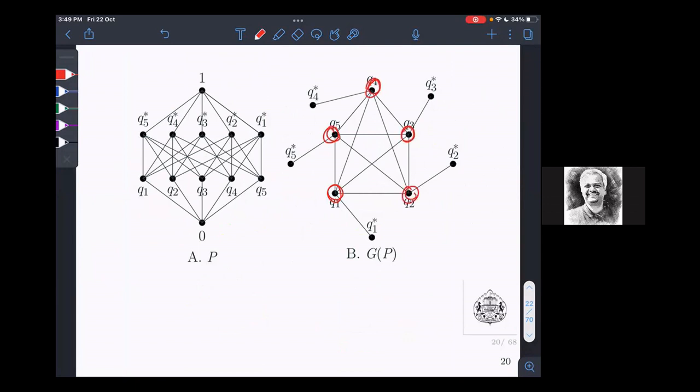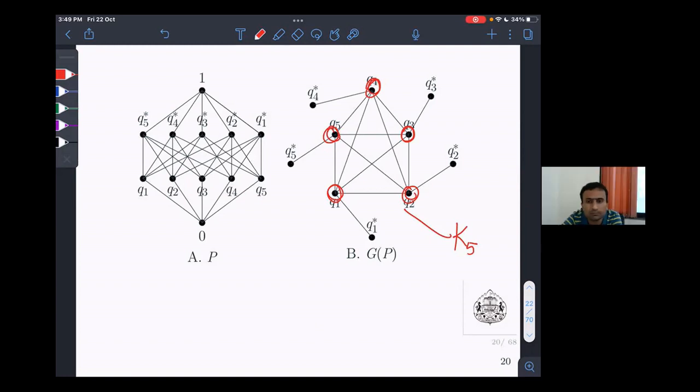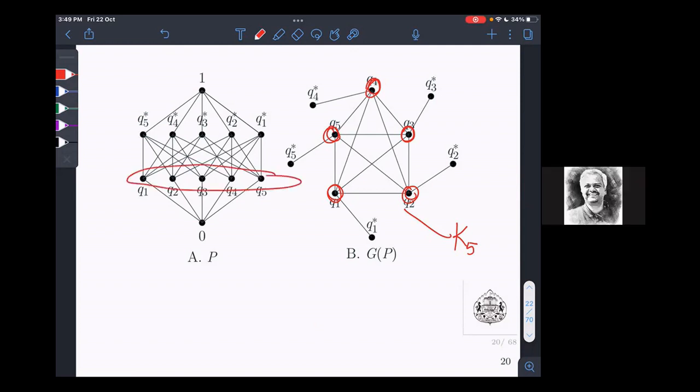This is my K5. Can you observe K5 now? So here you need 5 colors. Essentially, the number of atoms plays a crucial role in determining the number of colors required to color the graph.